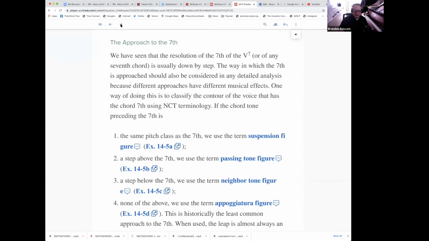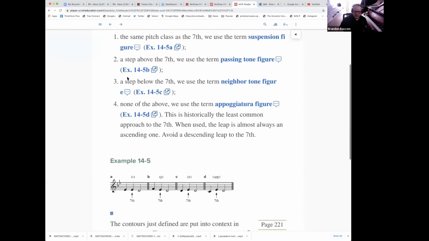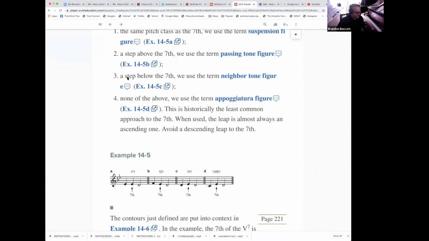One way of doing this is to classify the contour of the voice that has the chord 7th using NCT terminology. If the chord tone preceding the 7th is the same pitch class as the 7th, that just means the same tone, we will use the term suspension figure.